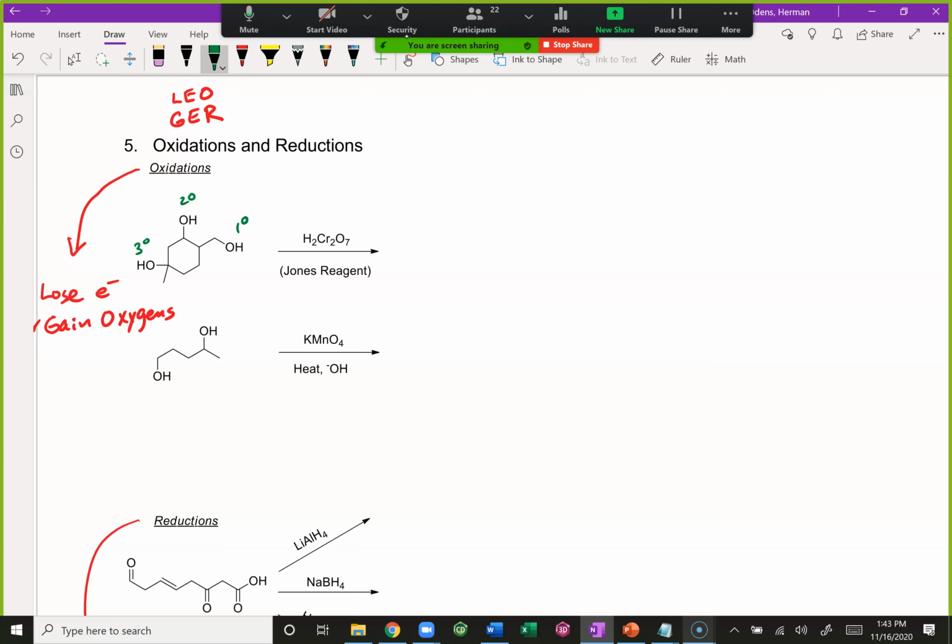Does Jones reagent oxidize primary alcohols? Yes, it will. So the question is, where does it oxidize it to? The first oxidation to the aldehyde or the second oxidation to carboxylic acid? Do you remember? To carboxylic acid. It will not stop at the aldehyde. PCC would, but not Jones.